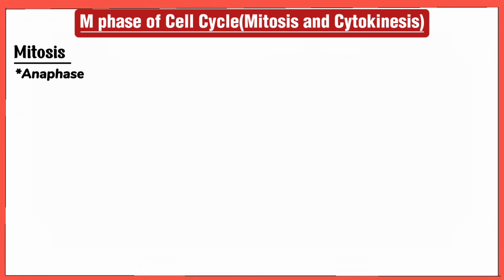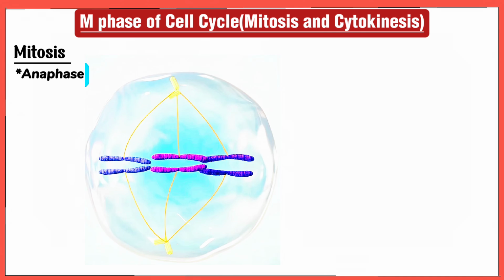In anaphase, the spindle fibers separate the sister chromatids at their centromere. Once they are separated, each chromatid is called a chromosome.